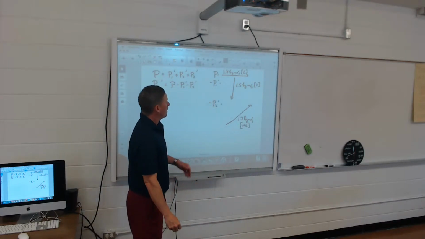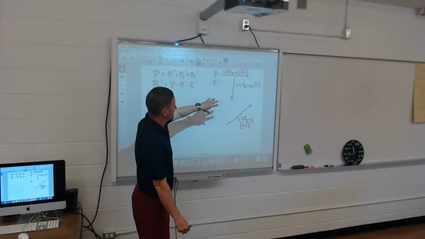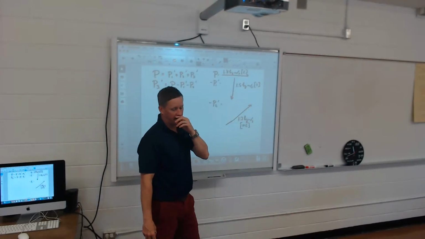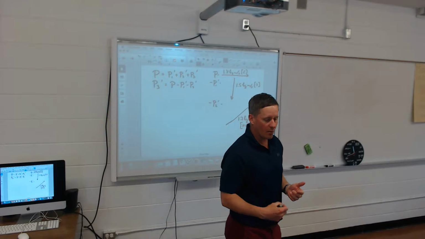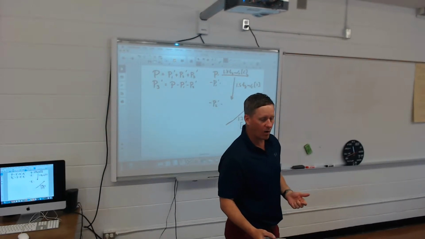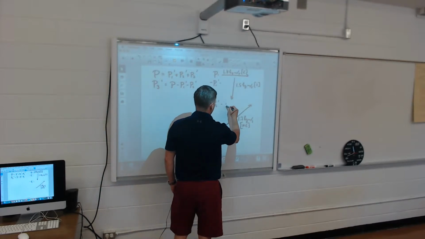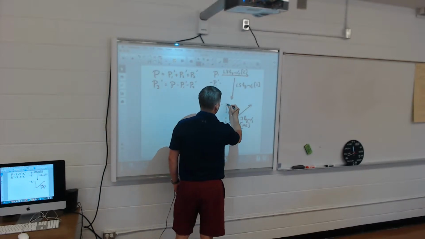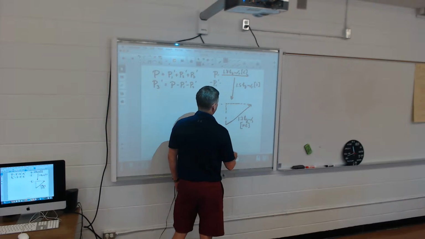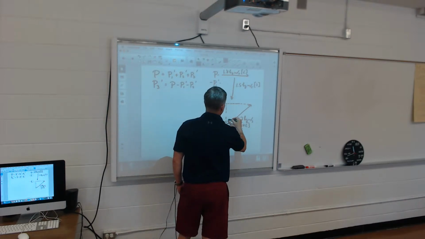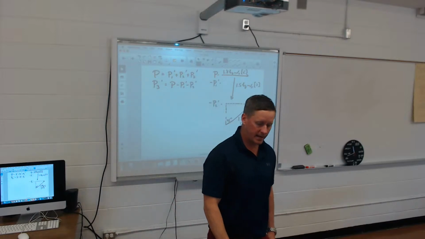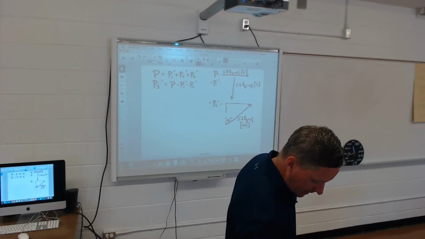Okay, so I now need to solve this using my vectors. Again, I'm more partial to using the X and the Y. Find your horizontals and your verticals. You can draw it out if you like, but I'm going to do it this way. This is 45 degrees right here, so I need the sine of 45.